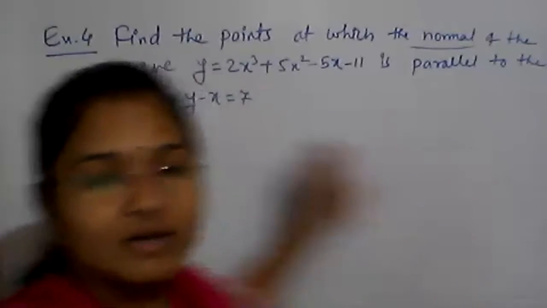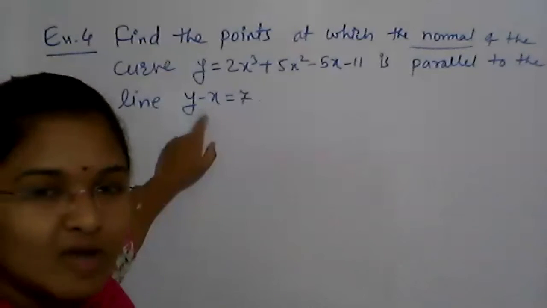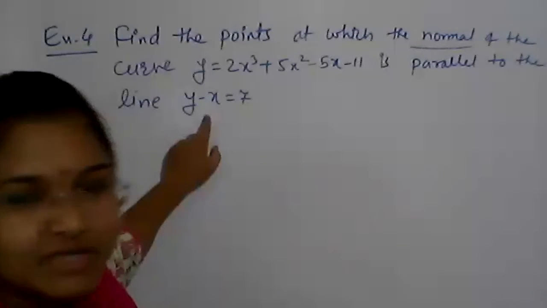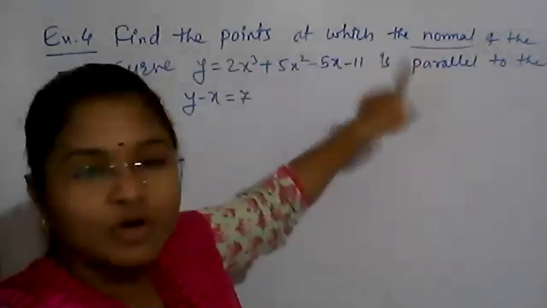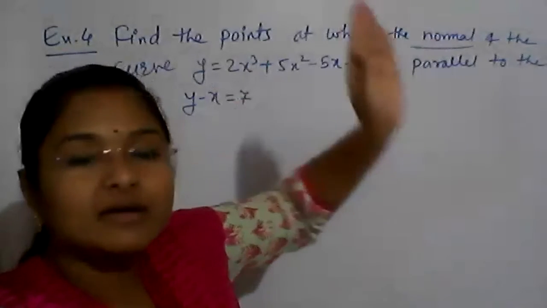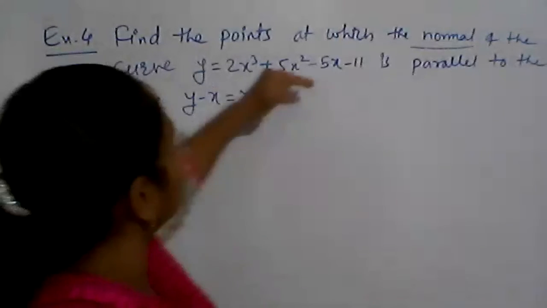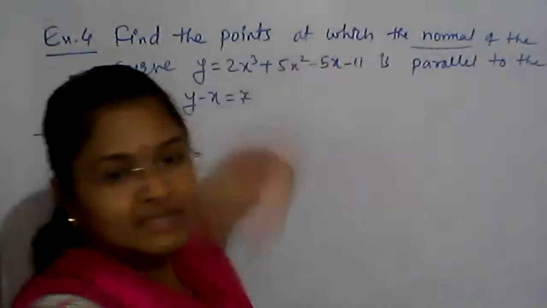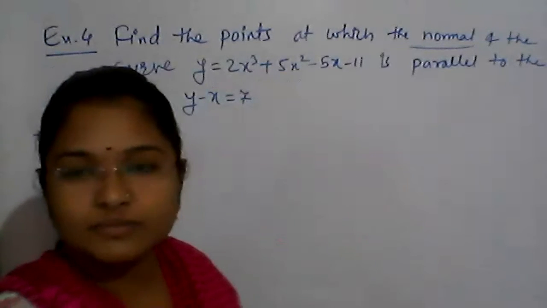So using the slope of the line we get the slope of the normal, and by taking the slope of normal we can get the slope of tangent, and that slope of tangent will be equated to the slope of tangent of the curve. Are you getting it? Yes or no?